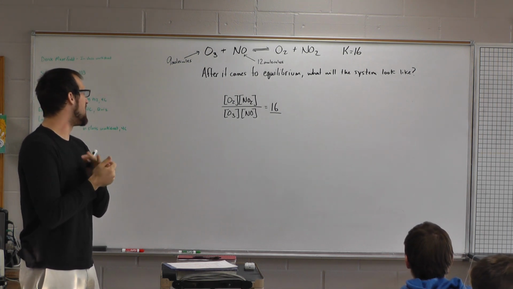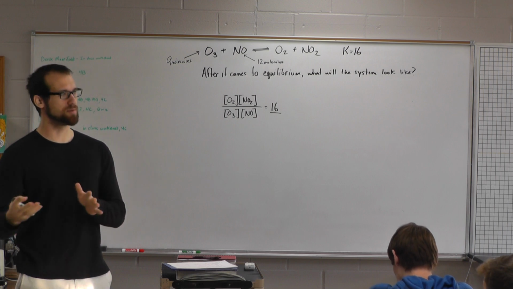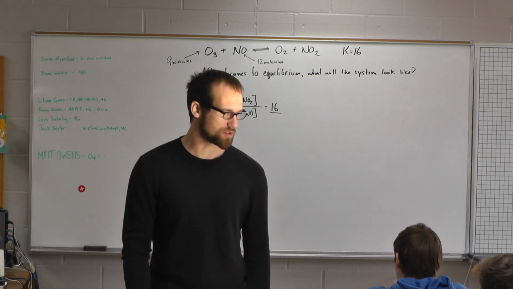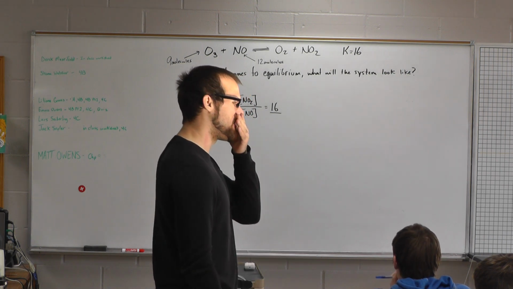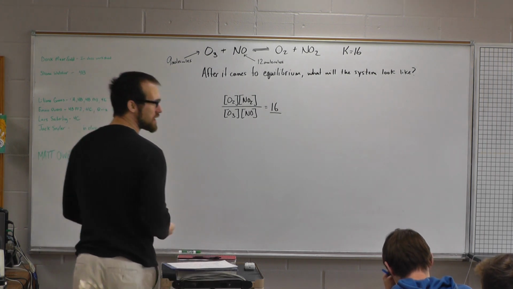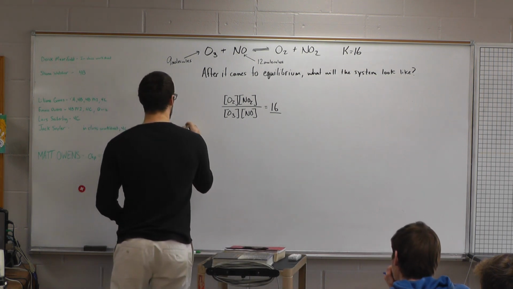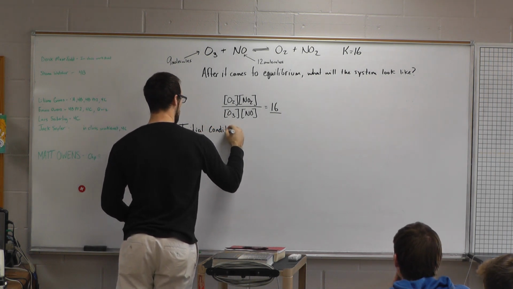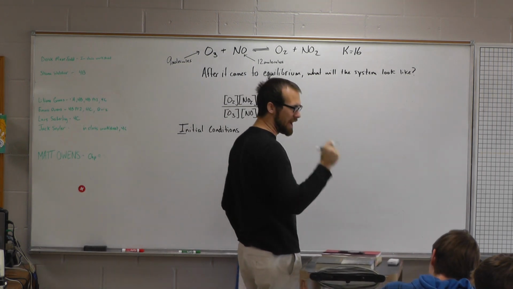So we know from the fact that we have all reactants and no products that it's going to start reacting and shifting to produce more products, which means that the forward reaction will be faster than the reverse reaction. Make sense? Okay? But we don't know how far it's going to go. We have an idea that it's going to be product favored, but we don't exactly know what the concentrations are going to be when it reaches equilibrium, but we can predict it. You'll find later that these initial conditions refer to the I of our ice table.